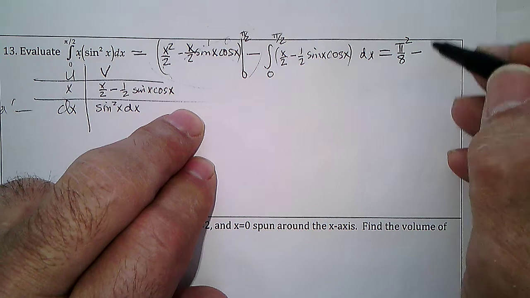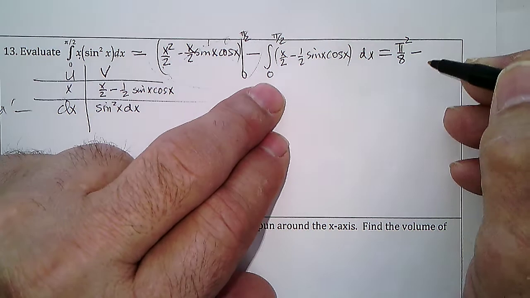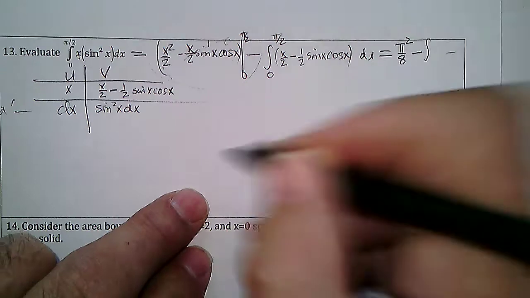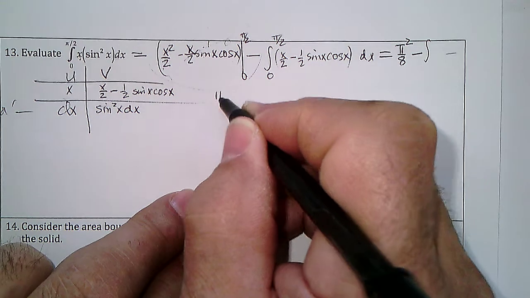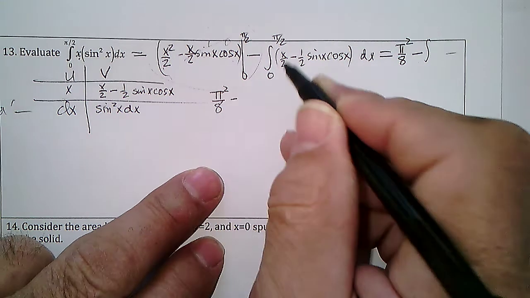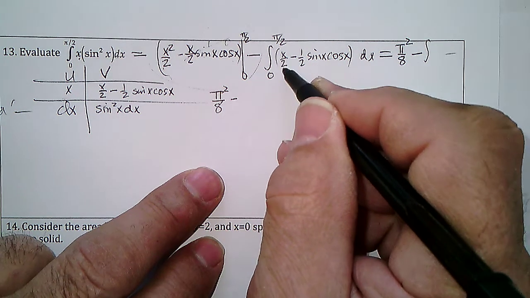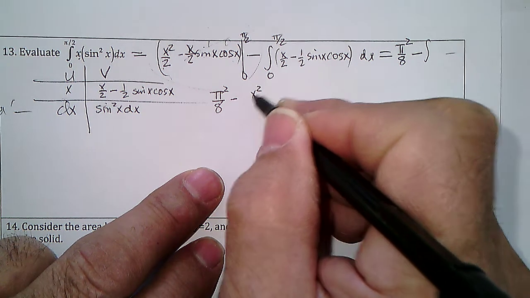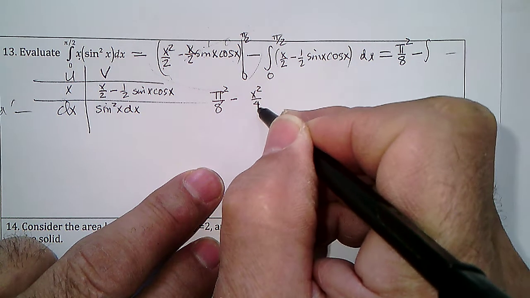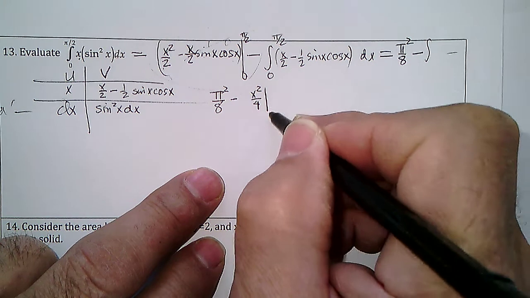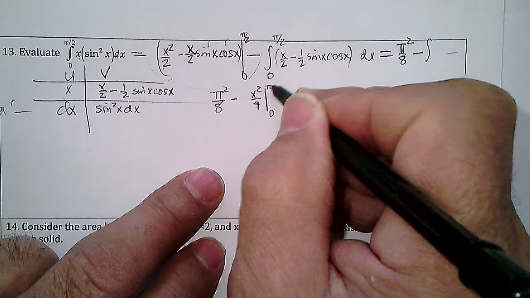minus this integral of this stuff. So I'm going to write it down here again. So we got pi squared over 8 minus the integral of this first part is going to just be x squared over 4. We're going to have to evaluate that between 0 and pi over 2.